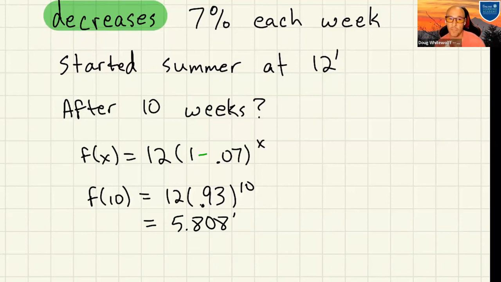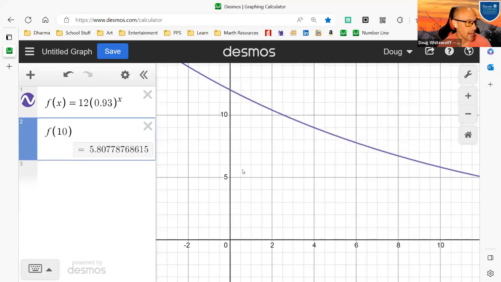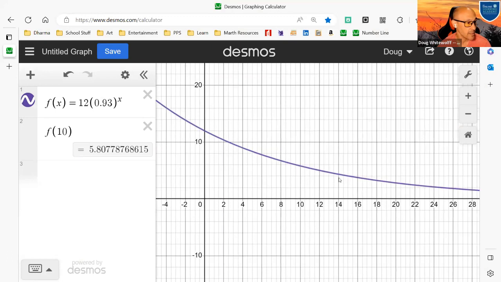Now, there's something interesting about exponential functions and how they relate to reality. Okay, so let's look at this exponential function. Notice that here at 10 weeks, it was at 5.808.